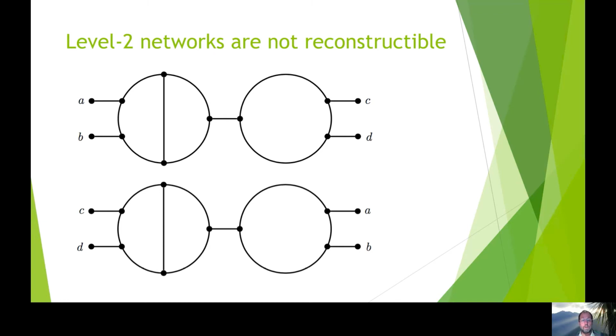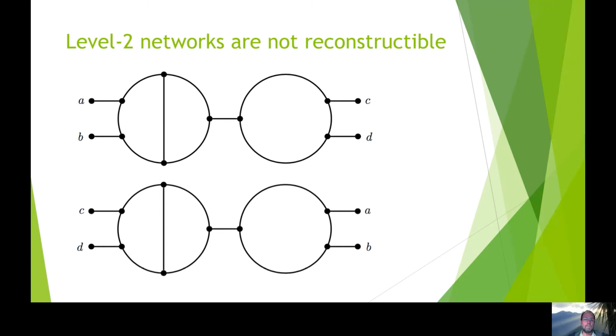So you have to stare at this a bit. These are 2 level 2 networks. If you look at the distance matrix on the set A, B, C, D, you get exactly the same distance matrix for both networks. But as you can probably imagine, these networks are not isomorphic.